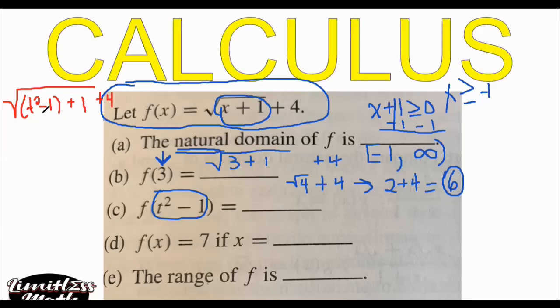The -1 and plus 1 cancel, so we're left with the square root of t squared, plus 4. Anytime you square something and square root it, it undoes itself. So t plus 4 is our answer, but we need to be careful here.